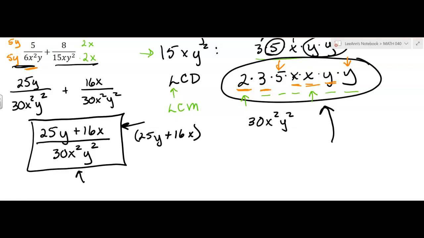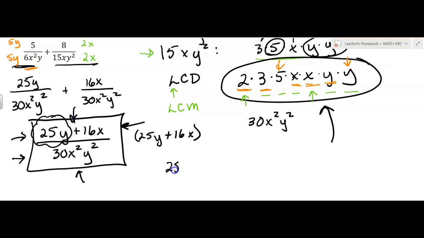Let me just mention one more thing. If you were thinking, well, couldn't I cancel 5 out of the 25 and the 30? No, because 25 isn't times the whole thing. It's just this part over here, and you have this addition separating it. You have to have multiplication.